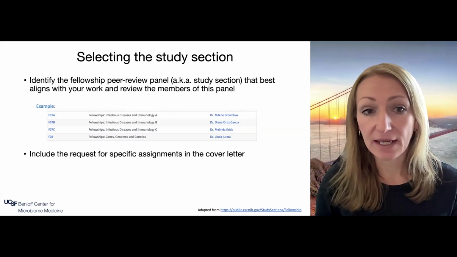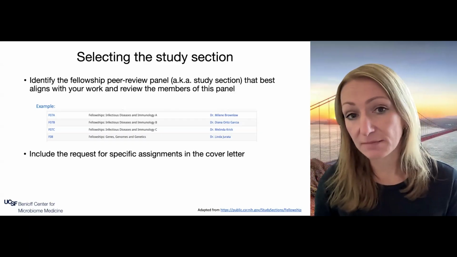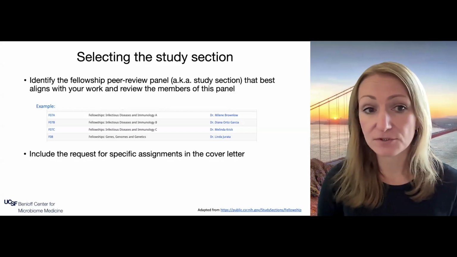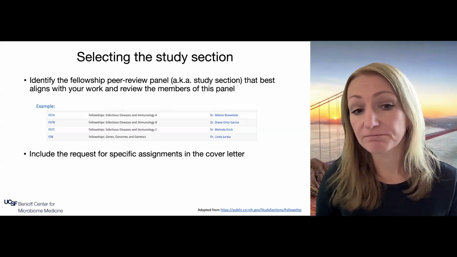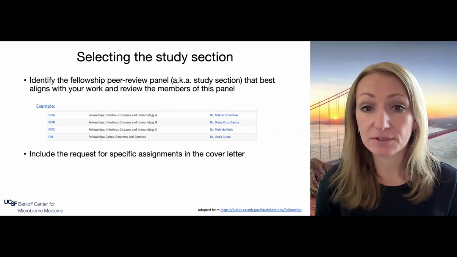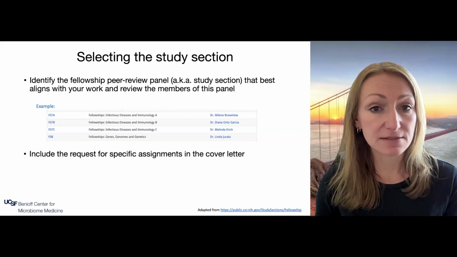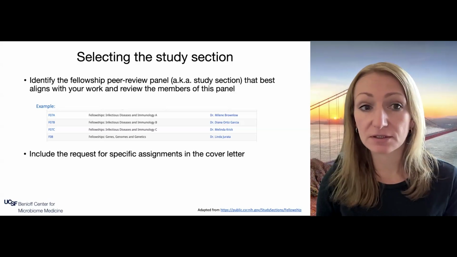The study section A is, for example, more tailored towards immunology, B, microbial pathogenesis, and C, parasitic and fungal diseases. So for that fellow, it looks like section B will be most suitable to apply.